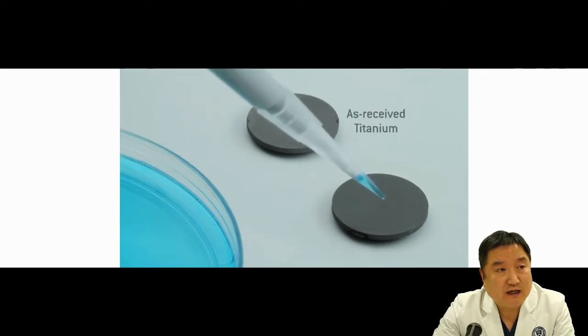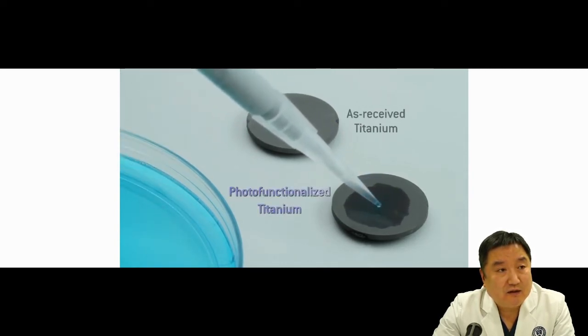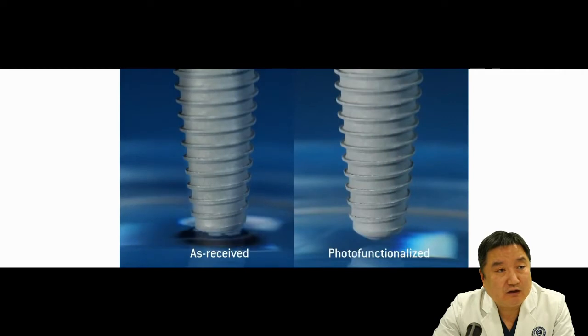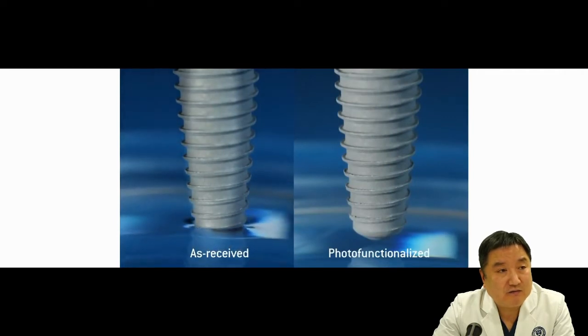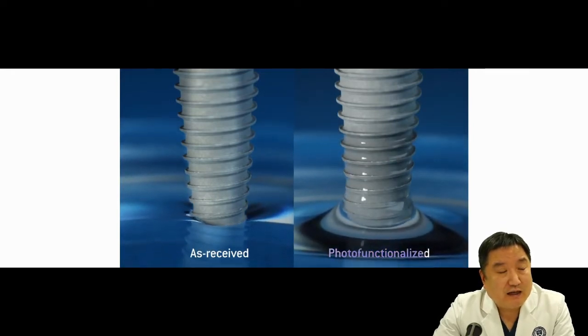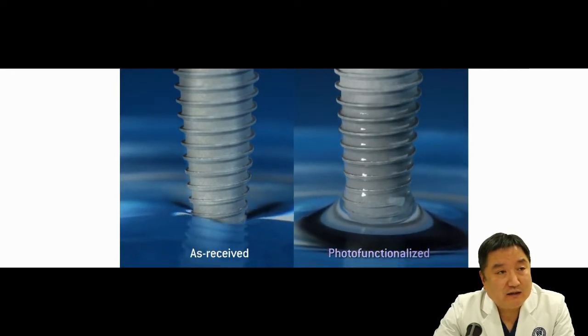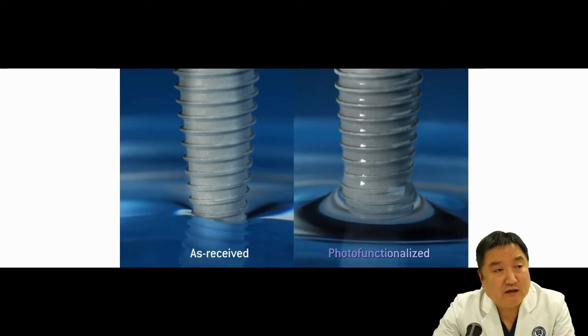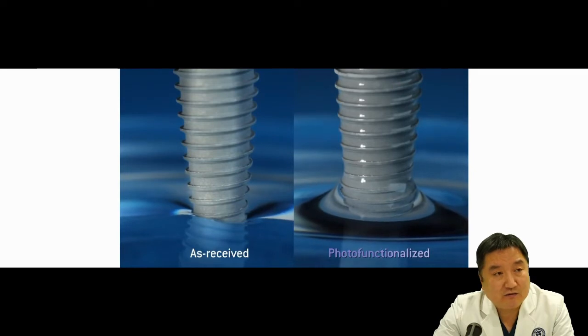So you can see as-received titanium, and photofunctionalized titanium, and the wettability is significantly increased. On the left-hand side is a very old one, and after photofunctionalization it becomes very hydrophilic. So you can see the increasing hydrophilicity.